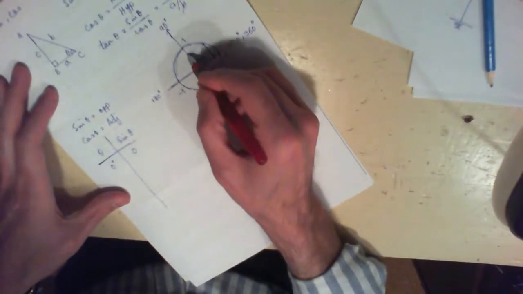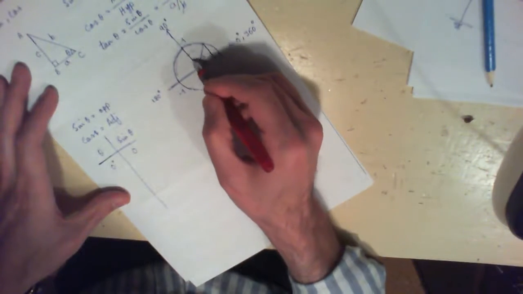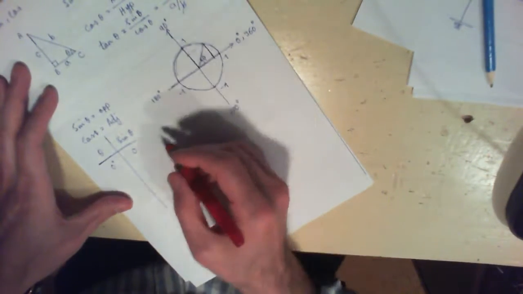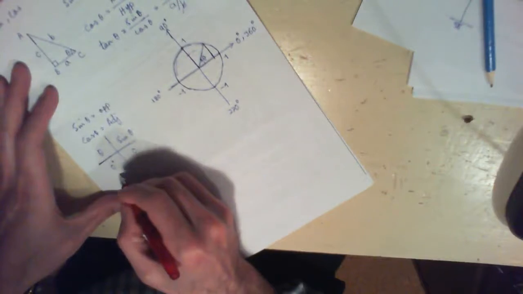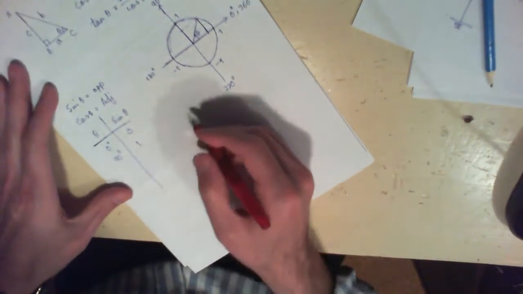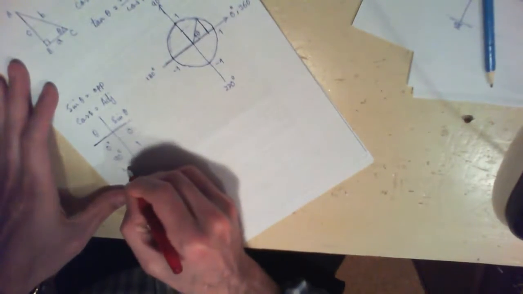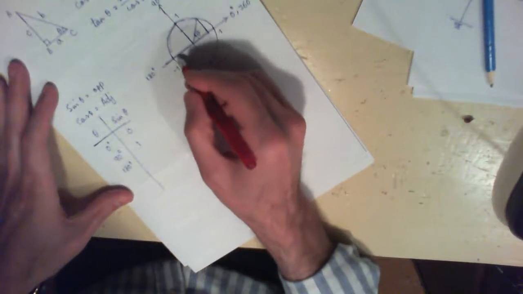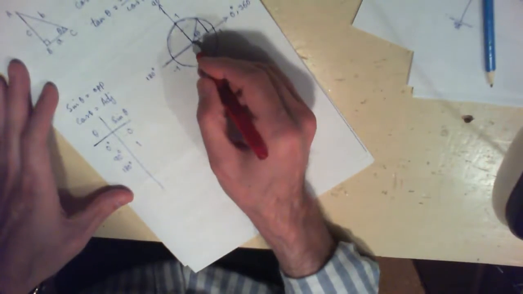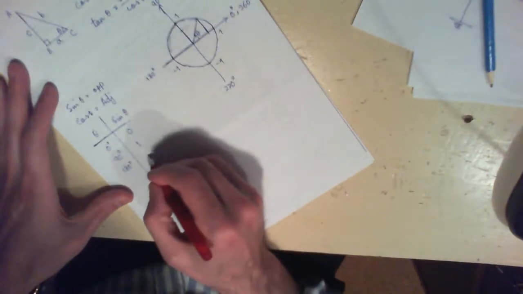If you come over here for 90 degrees, you can see that this vertical length becomes 1. So sine of 90 degrees is 1. Come over here, which is 180 degrees, and the sine of 180 degrees again becomes 0, because there is no vertical length here. There is only this horizontal length.